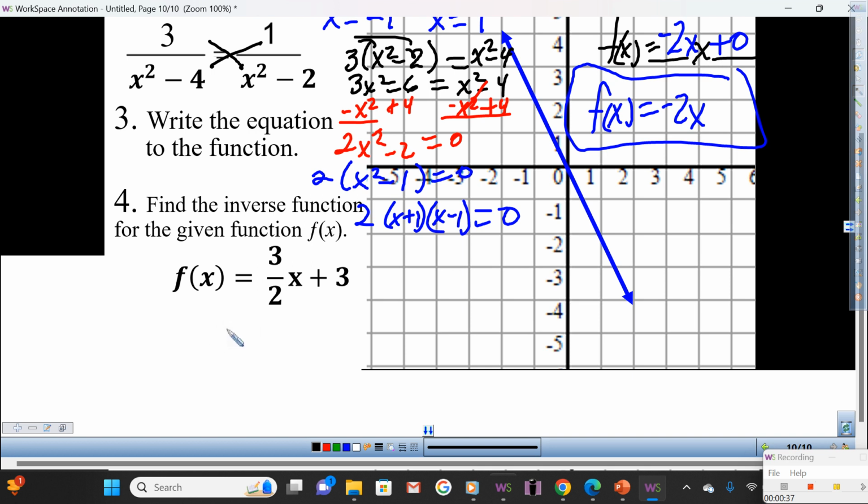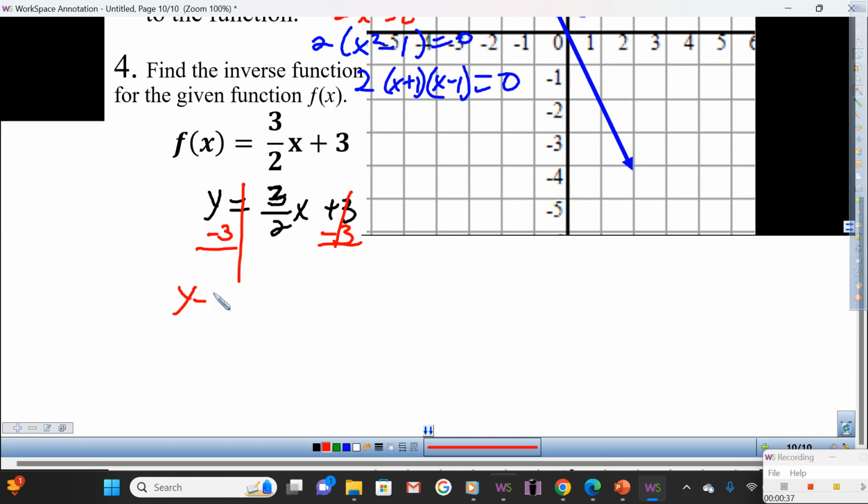The next step? Before, change it to y, yes. So we got y equals 3/2 x plus 3. And then Yanni said subtract 3 from each side. Okay. So far so good.